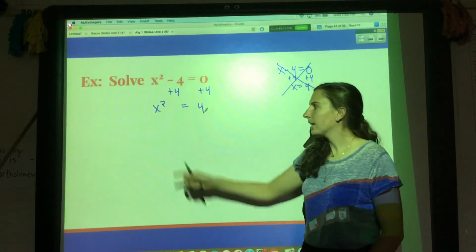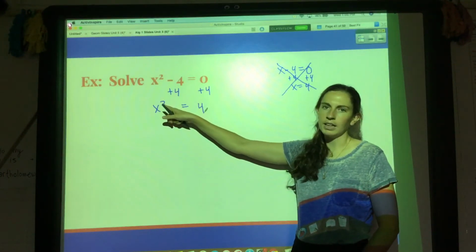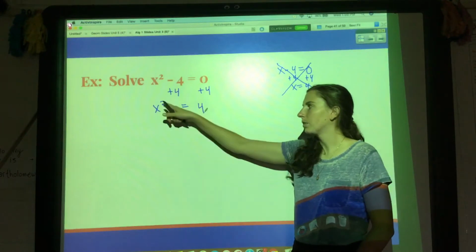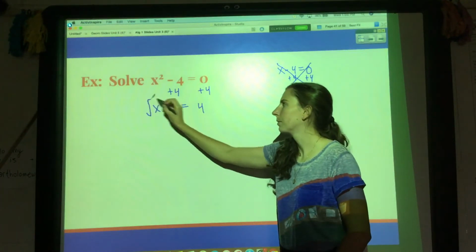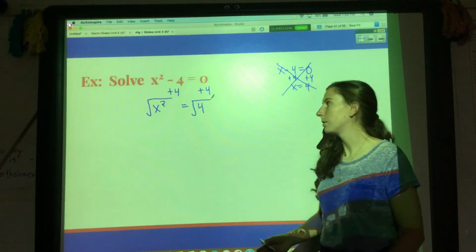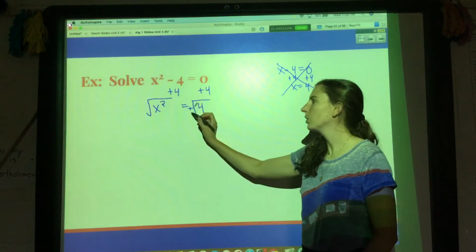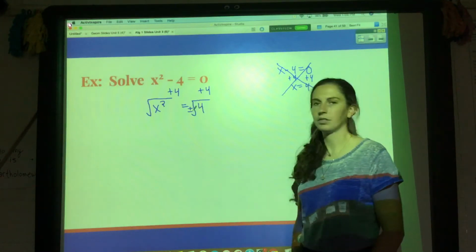And then to get x by itself, I have to undo this squared here. And the inverse, or the opposite of squared, is square root. However, when you square root something, it could come out positive, but it could also come out negative.